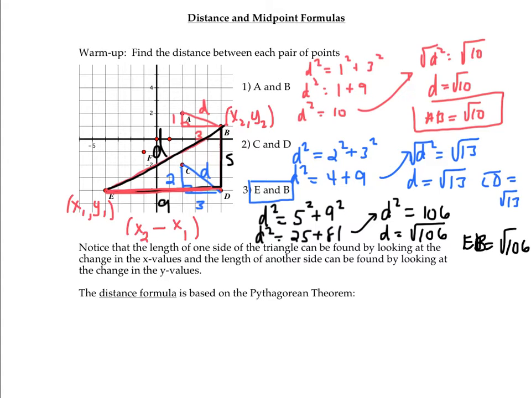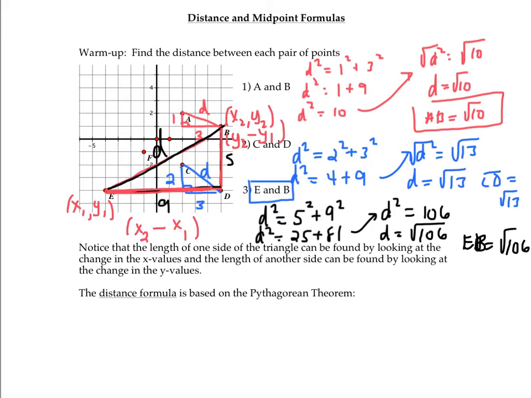Okay, so that would give you, and the distance is positive, so you'd have to take the absolute value of that difference. For this vertical line segment, we can express the length of that as y2 minus y1.